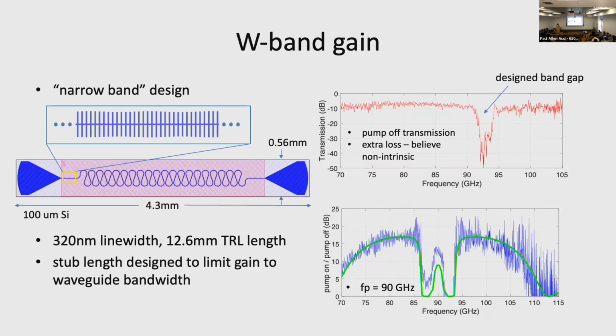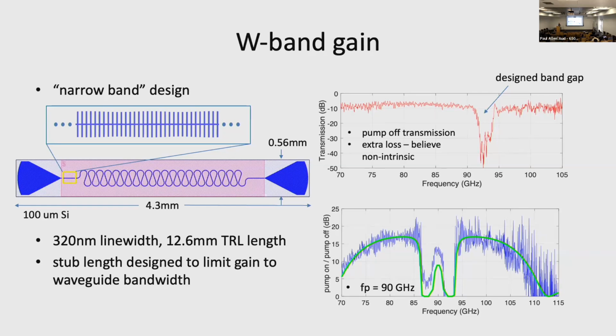And the issue here is that the TWPA is naturally very broadband, and if you have gain, say, below the cutoff frequency of the waveguide, then you end up making an oscillator again.